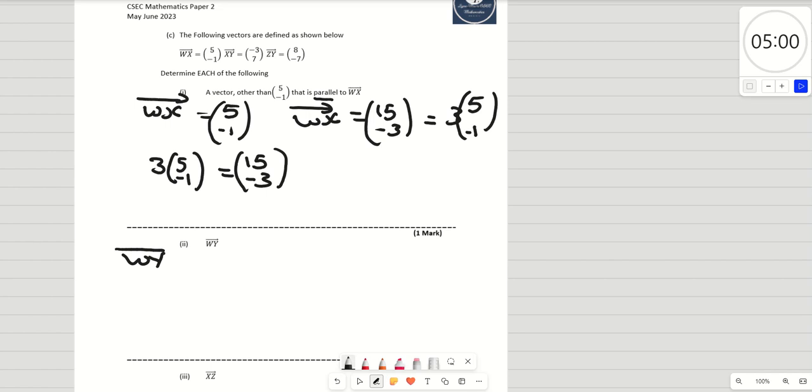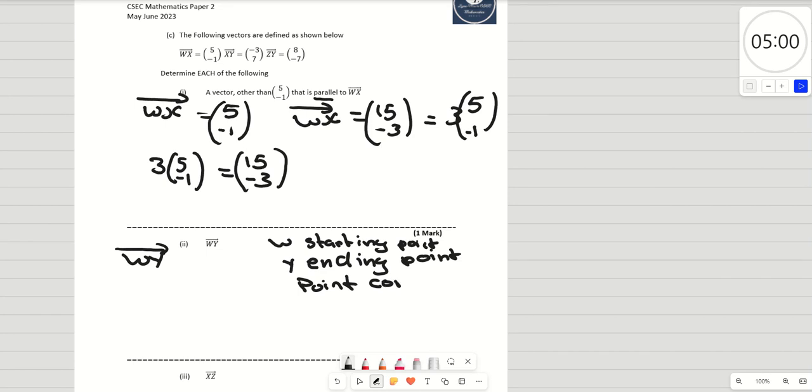WY, right? W is your starting point, and Y is your ending point. So you're looking for a vector that has W and has Y in it, right? And also you want a point in common.